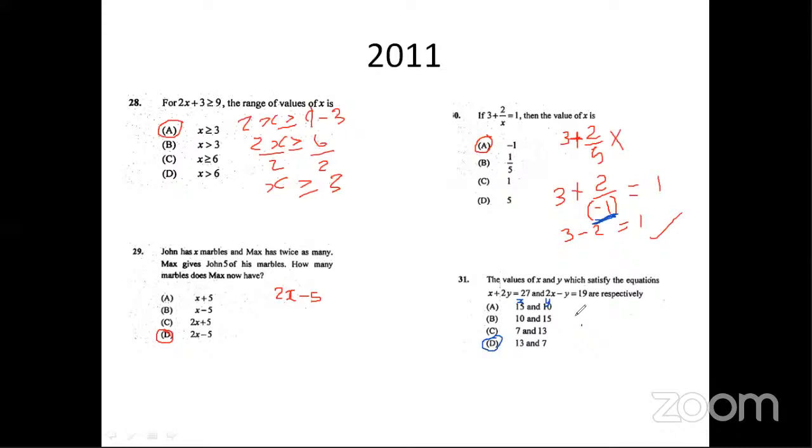So for the first one, x plus 2y equals 27. We have 15 plus 2 multiplied by our y, which is 10. This is saying we should get 27, testing to see if it gives us that.